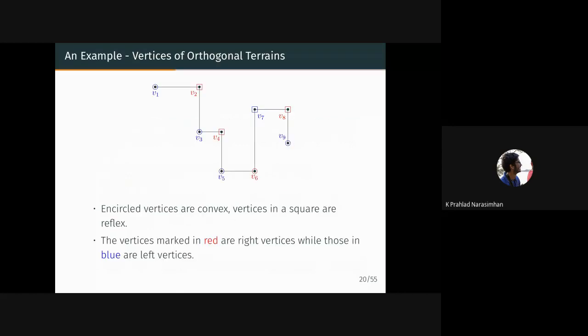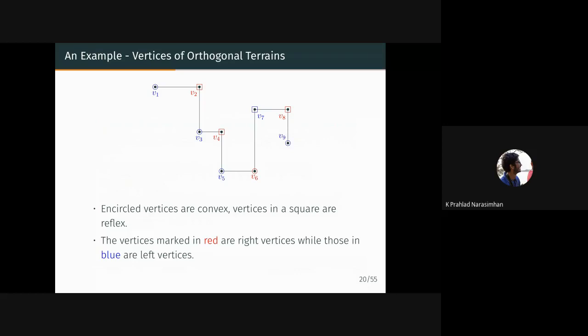Okay, so here's a pictorial depiction of everything that I said. The vertices which are encircled are convex. The ones inside the square are reflex. The ones that are red are right vertices. The ones that are blue are left vertices.